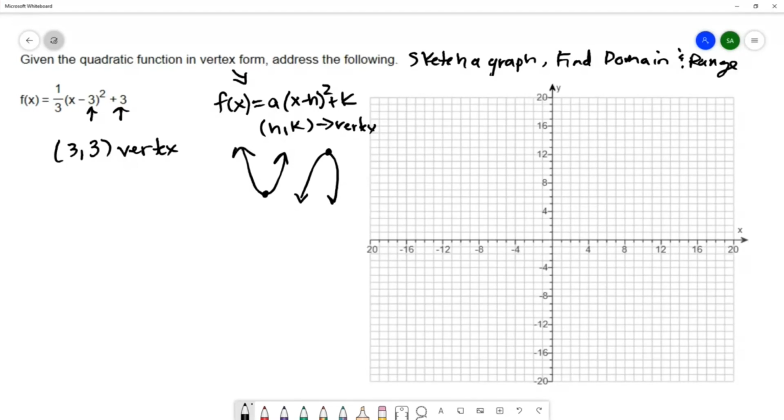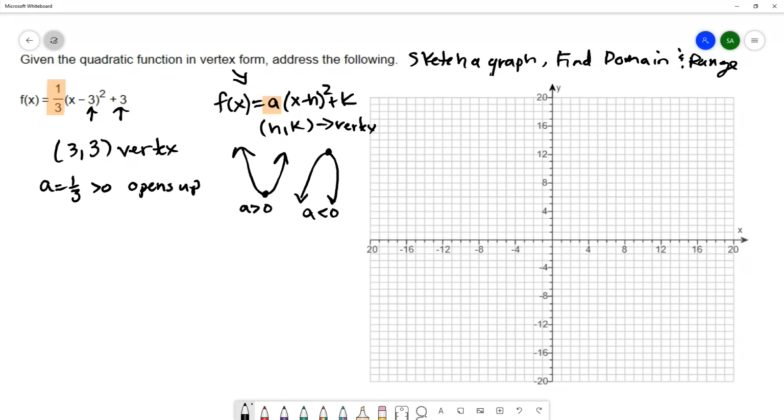So we're going to use the value of a, which in our example is 1/3, to determine which one. Whenever a is greater than 0, we have an up-facing parabola. And when a is less than 0, we have a down-facing parabola. So our a is 1/3, and because that is greater than 0, or positive, we know that our parabola opens up.